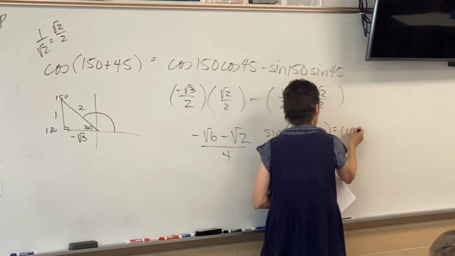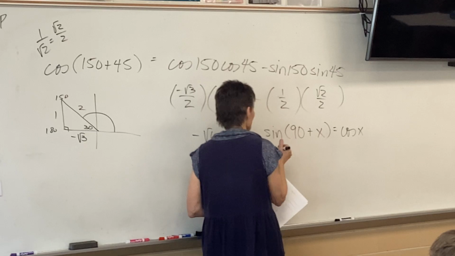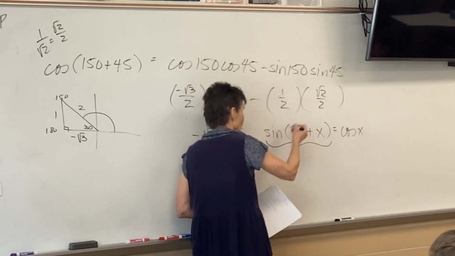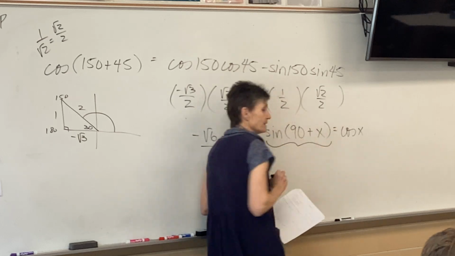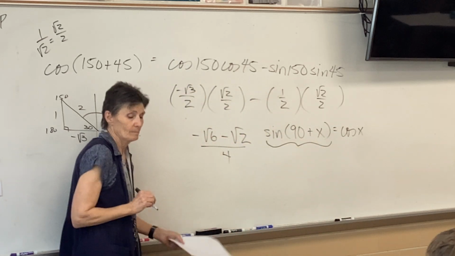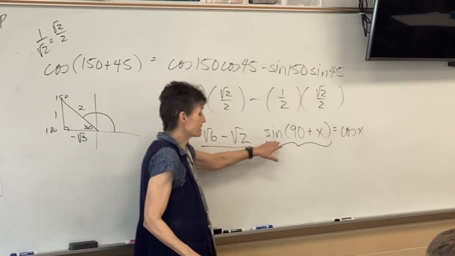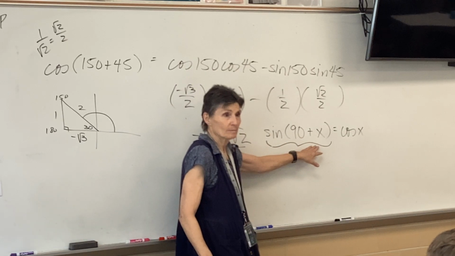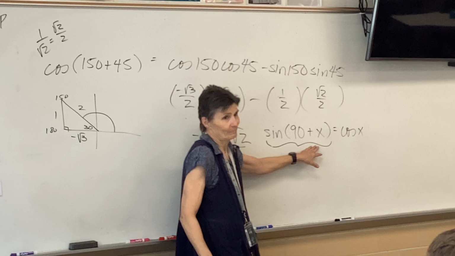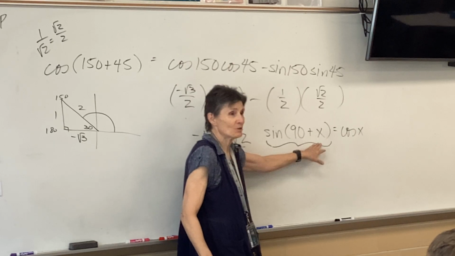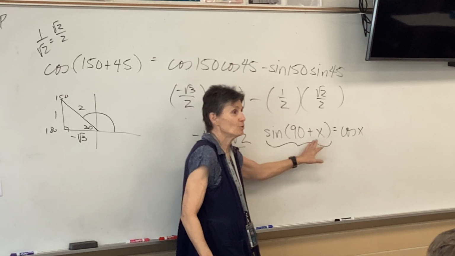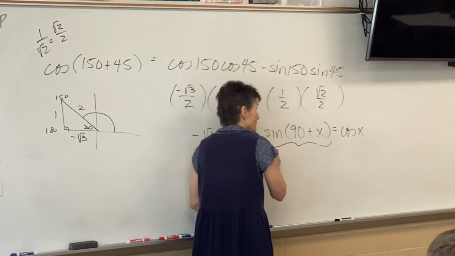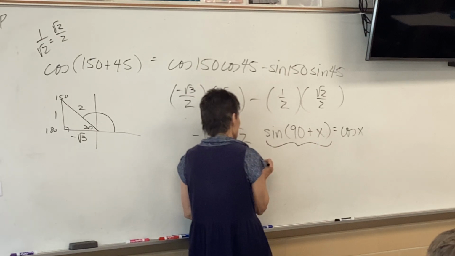Now you're proving this one. So in other words, you want to do something over here and hopefully end up with that. So this is the sine of an angle plus an angle. This is your U and your V, right? So what's this going to be when I expand it now?